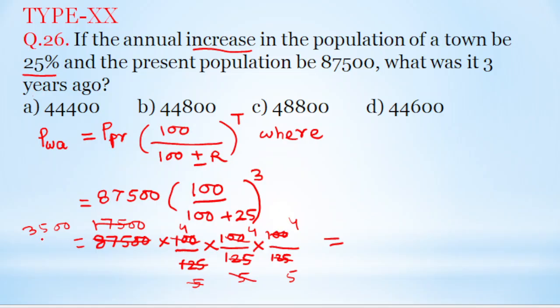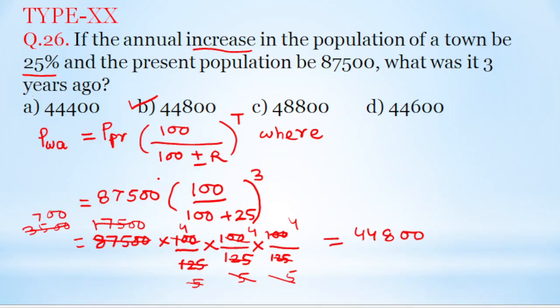And again when this 3,500 is divided by this 5, it becomes 700. So after multiplication we are getting 44,800. That means here option B is the right answer.